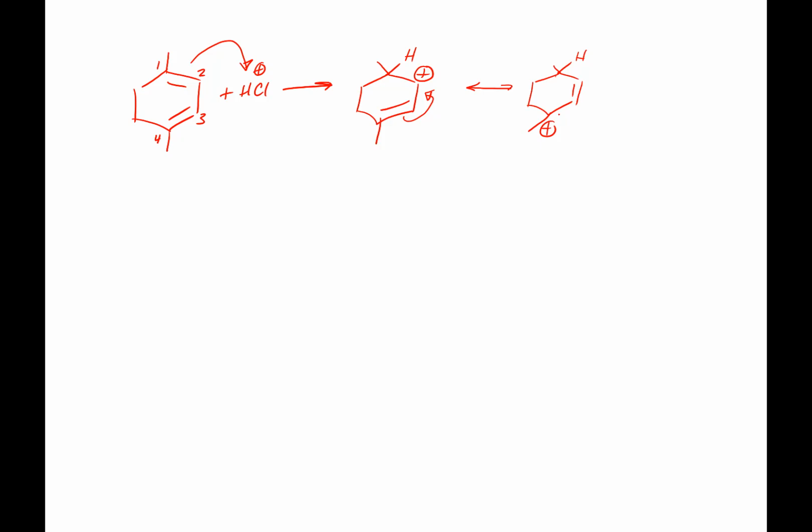So again, what we're doing is we're taking the broadest interpretation here of Markovnikov's rule. We're saying we're going to write the most stable intermediate. And sometimes that isn't adding the H to the carbon with the most hydrogens.